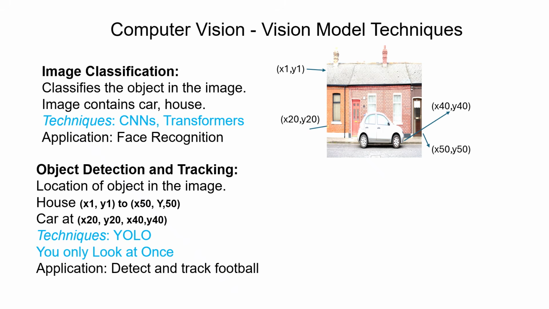These algorithms predict the bounding boxes and labels and also identify the object movement. This gives the coordinates of the object. In the image, what are the coordinates? X coordinate, Y coordinate of objects, car, truck, and also track the movement of car in video frame by frame.